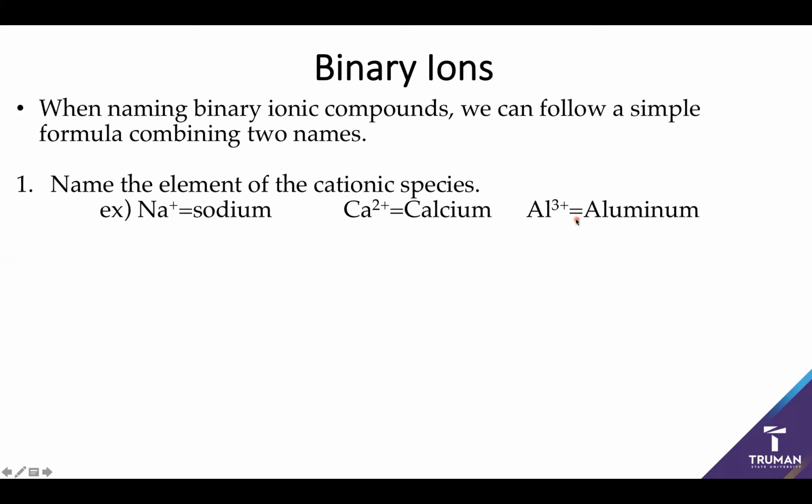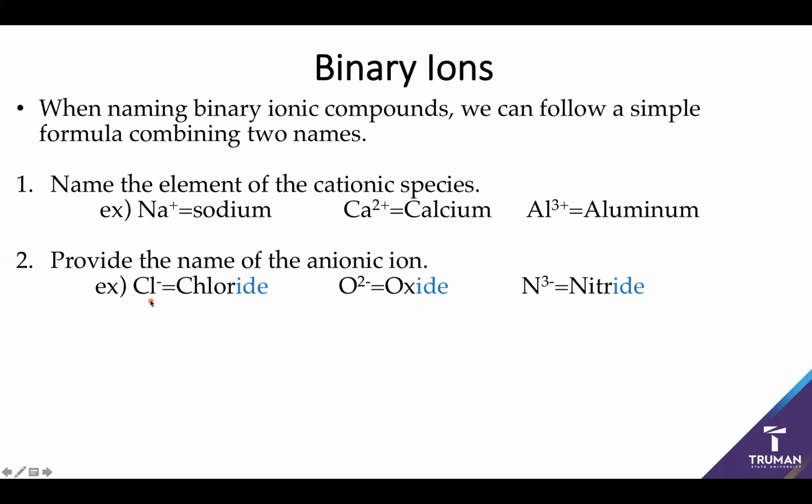However, the anionic species are a little trickier. So if I have a Cl minus, I've got chlorine. However, we replace the ending suffix of chlorine with "ide." So anytime you see "ide," it's a way to say that I've got the anionic form. So chlorine becomes chloride, oxygen becomes oxide, nitrogen becomes nitride.